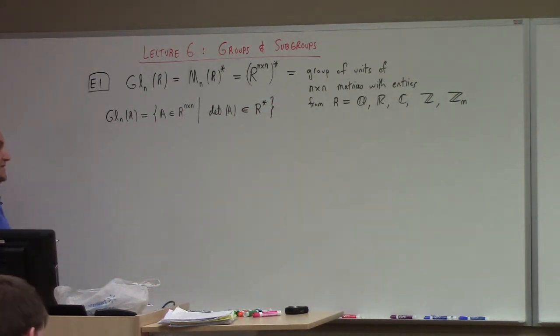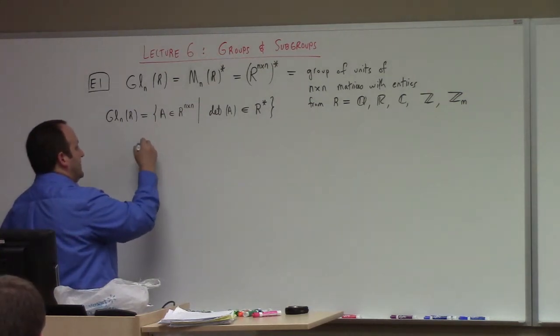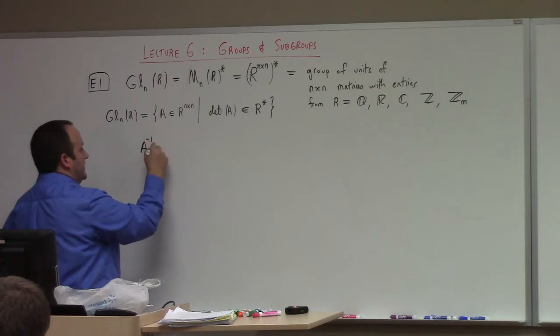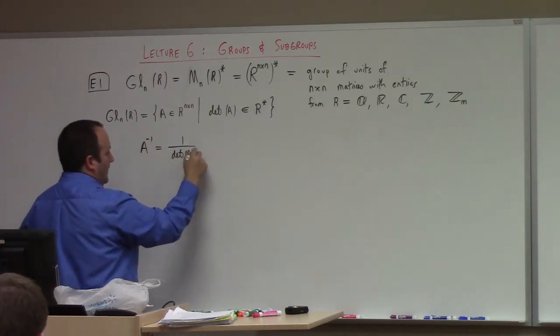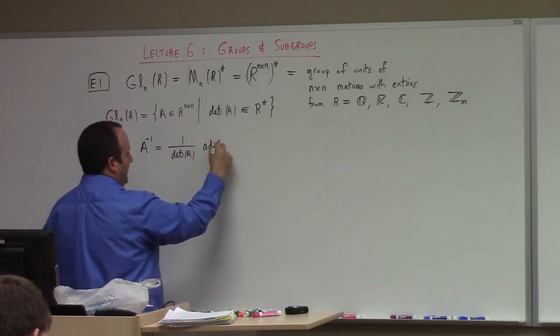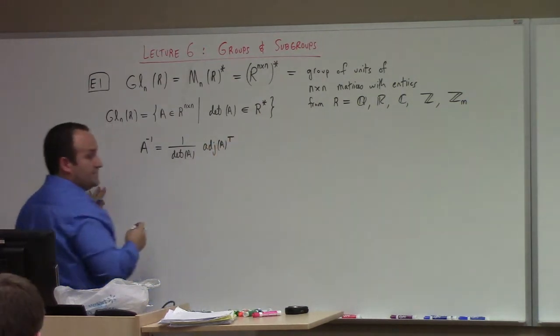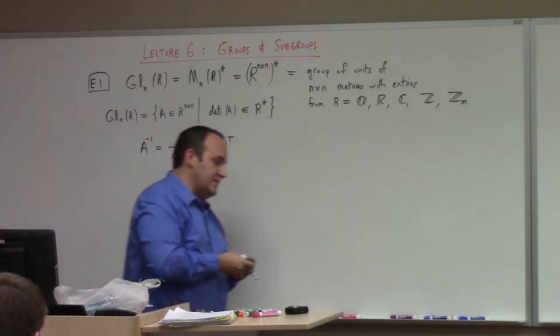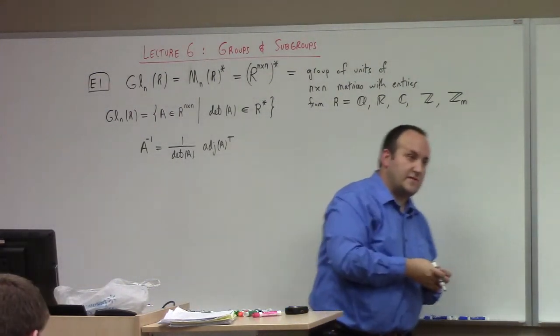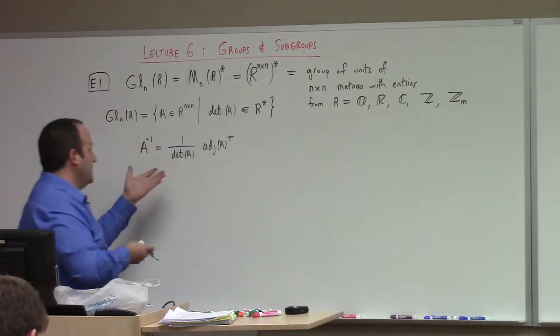Now the reason for this is that the classical formula for the inverse that you learn in linear algebra is the following. You say inverse, it's equal to 1 over the determinant of A, the adjoint of A transpose, I believe. Everybody memorizes the 2 by 2 version of this formula, but this is equally good for n by n matrices. This is a straight up formula for the inverse.